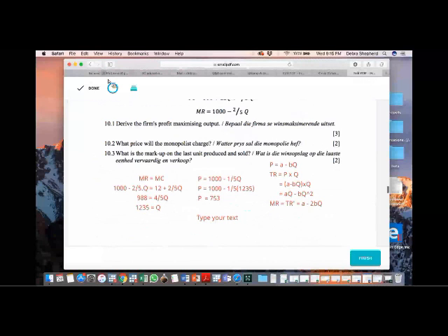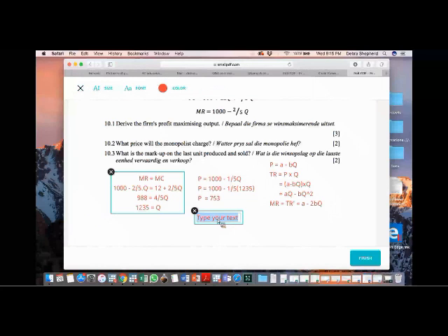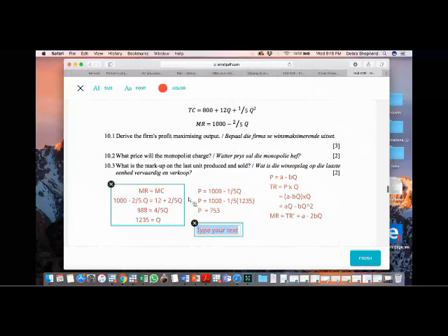In this example, we need to put that quantity 1235 into the marginal cost function, which is 12 plus 2 over 5Q. So the marginal cost is going to be 12 plus 2 over 5 times 1235. Let me just double check that.